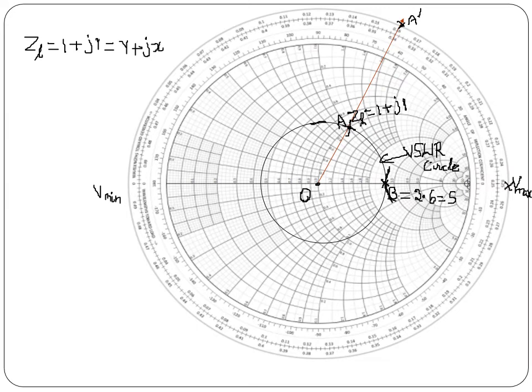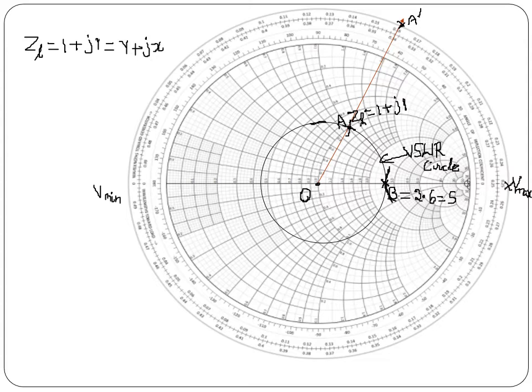One circle is equal to 0.5 wavelength. We can see from the chart the readings start from 0 and end at 0.5 lambda.